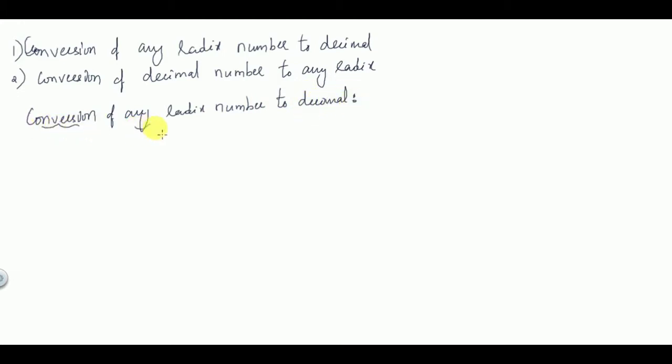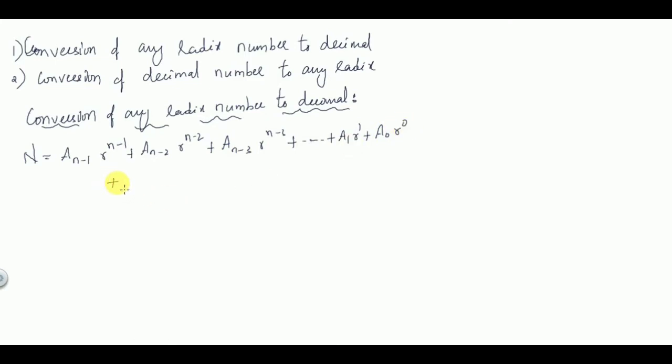Okay, so this conversion, the general form is given by N is equal to a(n-1) r^(n-1) plus a(n-2) r^(n-2) plus a(n-3) r^(n-3) plus so on, plus a1 r^1 plus a0 r^0 plus a(-1) r^(-1) plus a(-2) r^(-2) plus so on. Okay, so this is the number.